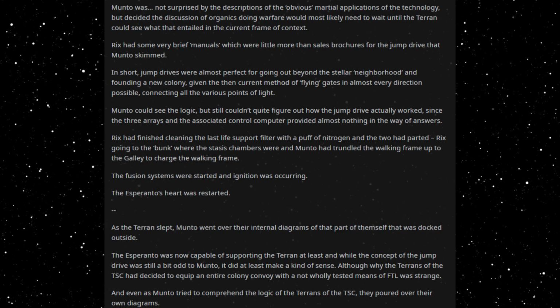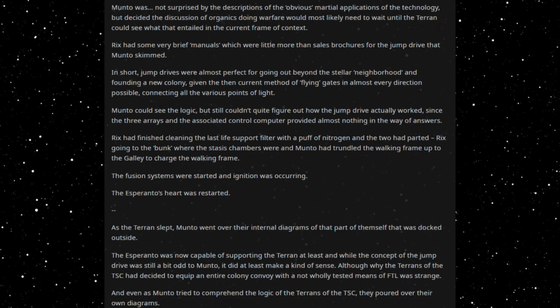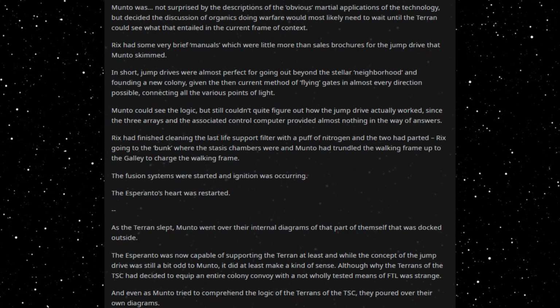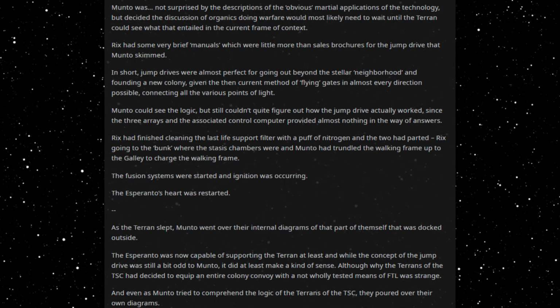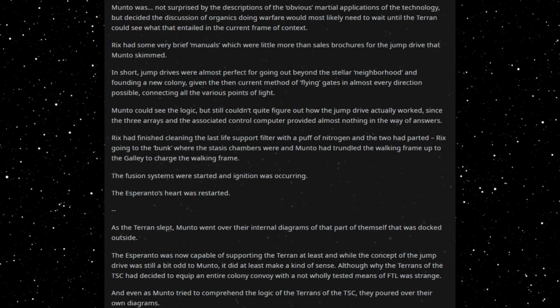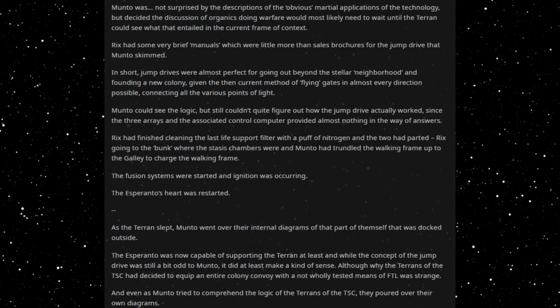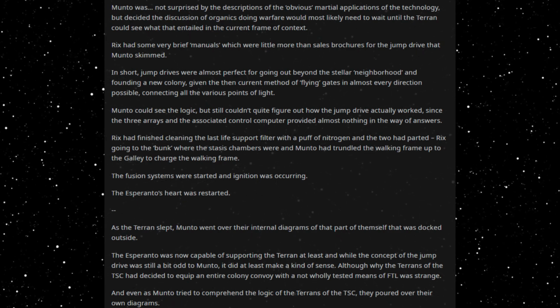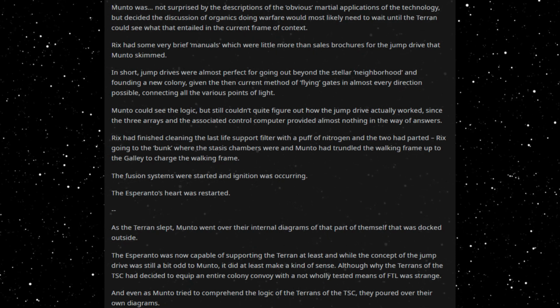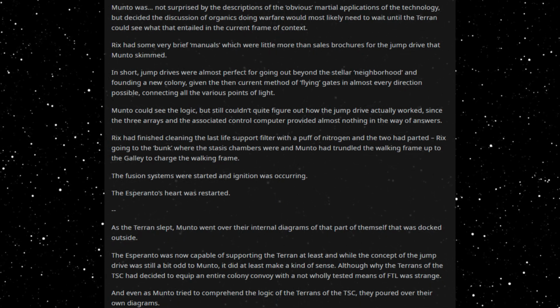In short, jump drives were almost perfect for going up beyond the stellar neighborhood and founding a new colony, given the then current method of flying gates in almost every direction possible, connecting all the various points of light. Munto could see the logic, but still couldn't quite figure out how the jump drive actually worked, since the free arrays and the associated control computer provided almost nothing in the way of answers.